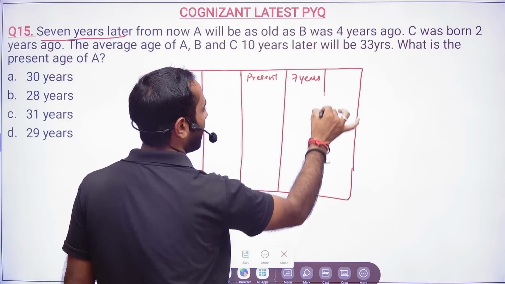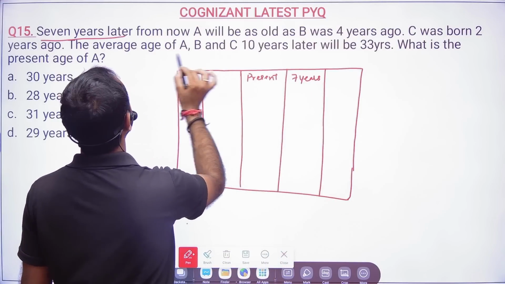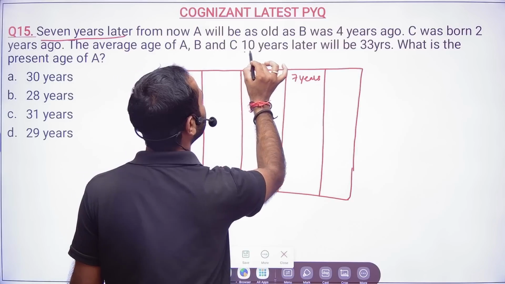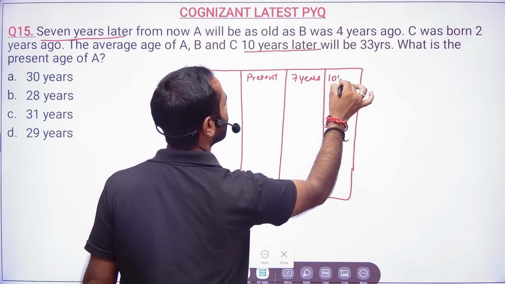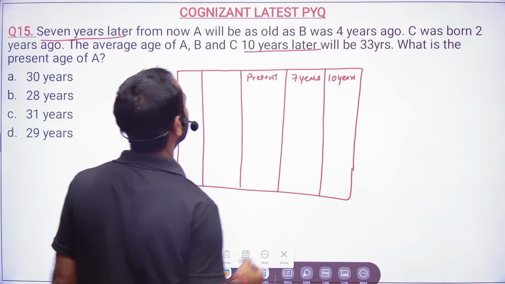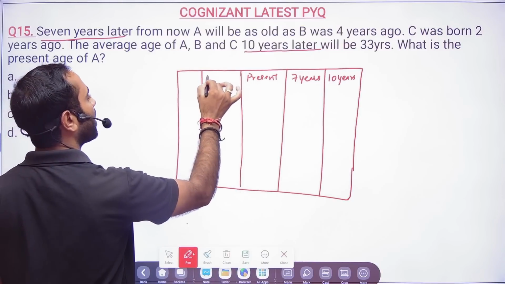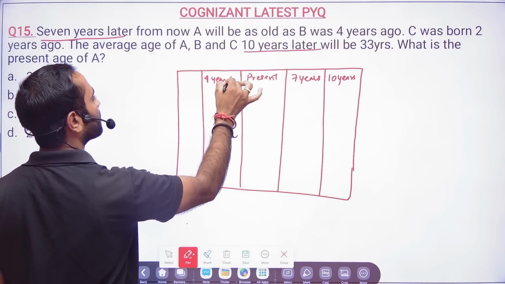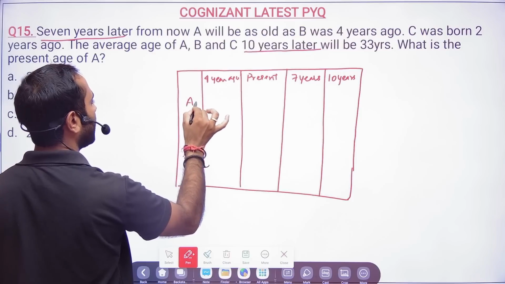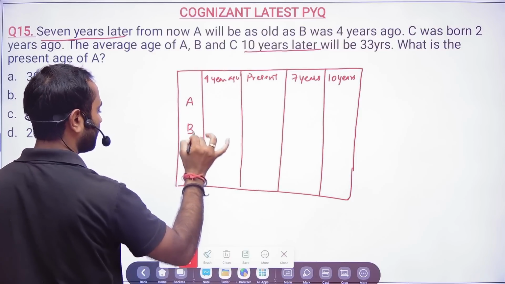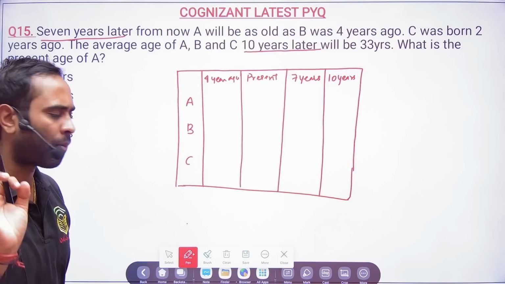Then they are telling the average age of A, B and C 10 years later, so here it will be 10 years. Then they are telling B was 4 years ago, so 4 years ago. And here you put A, B and C. Now this will make your problem very, very simple.